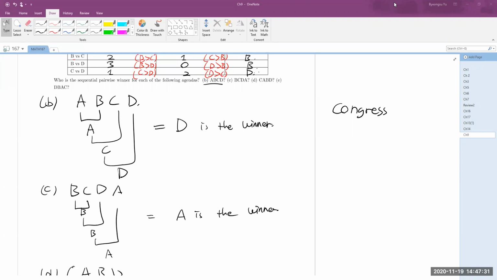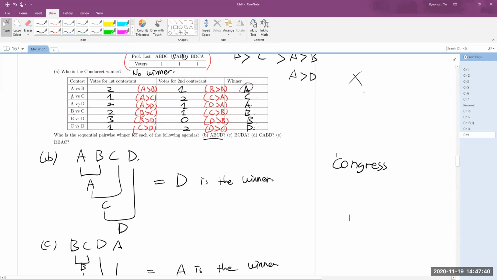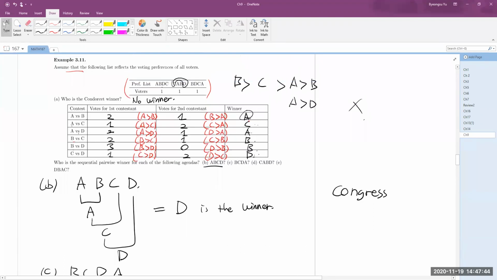Professor Yu, I have a quick question. Out of B and A, why is A the winner? In the case of A versus B, in the first preference list, the voter thinks A is better than B, right?